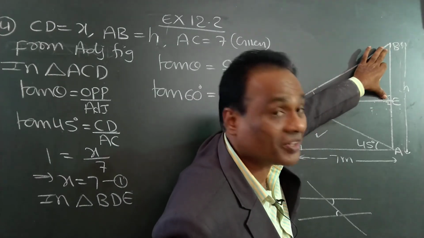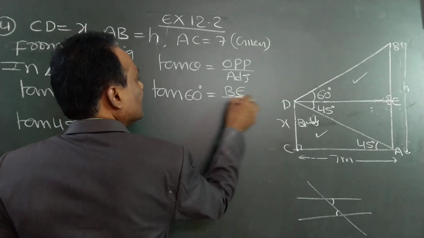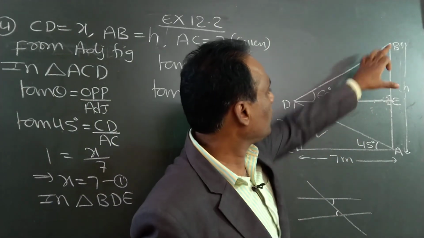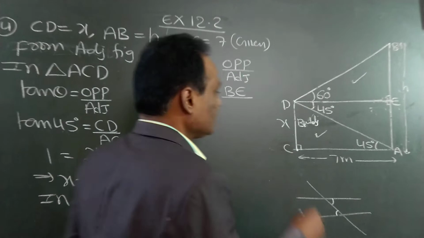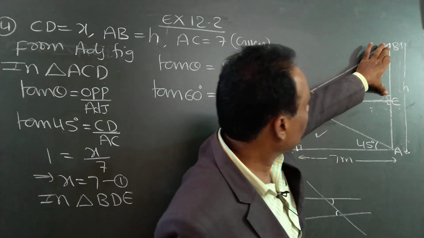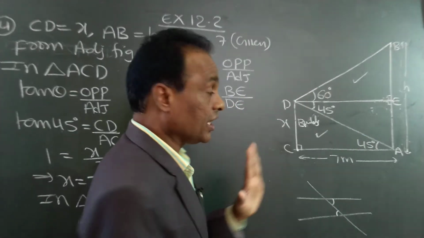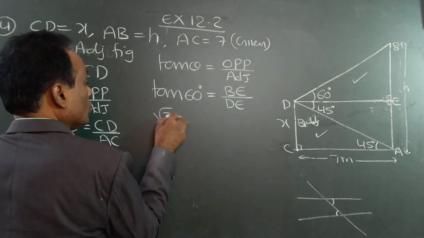What is the opposite? BE. See the figure. BE opposite, adjacent DE. BE by DE, opposite by adjacent. Now be careful. Tan 60 is root 3.